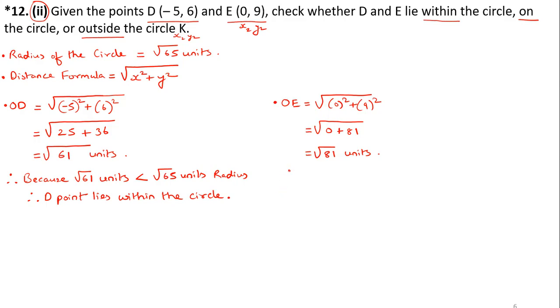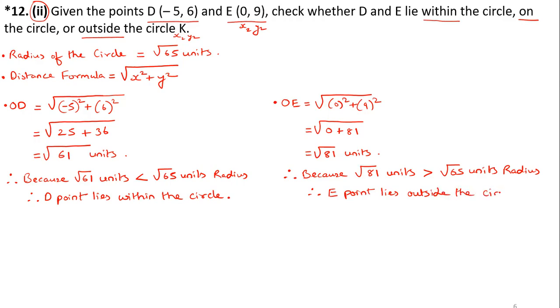Similarly, we will write the answer here also. Therefore, because under root 81 units is greater than root 65 units, which is the radius, therefore E point lies outside the circle. Okay, so this is our answer.